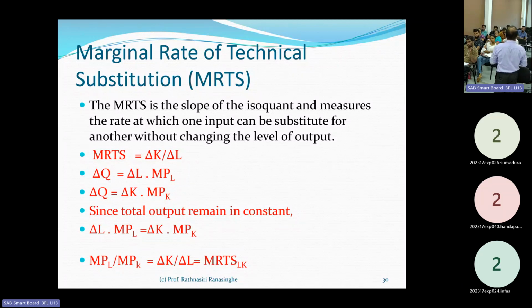So in order to find that out, we need to incorporate another variable into our model. What is that? We need to incorporate cost. Cost information is also needed to make a real decision. Otherwise, we cannot make decisions.